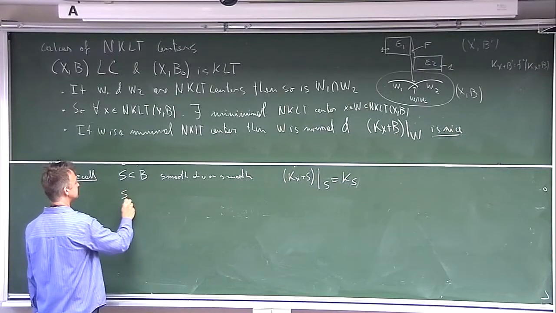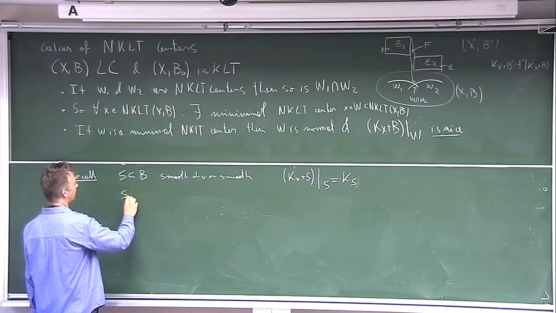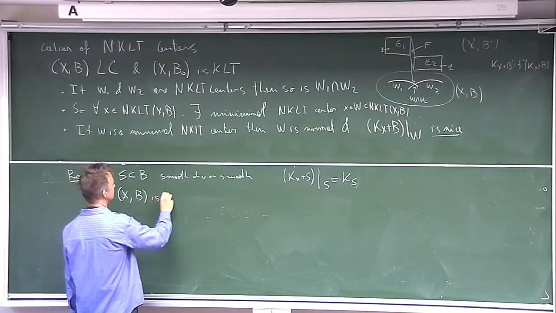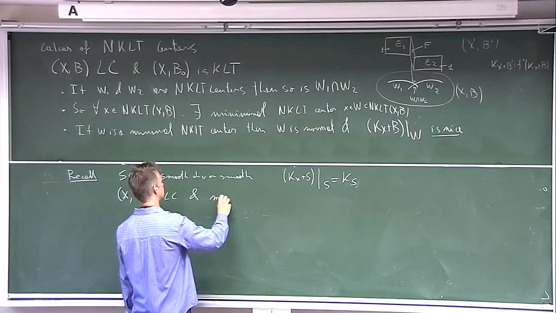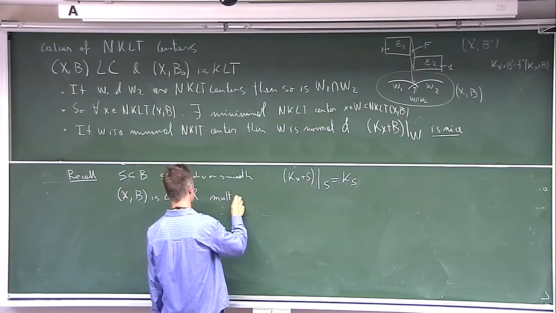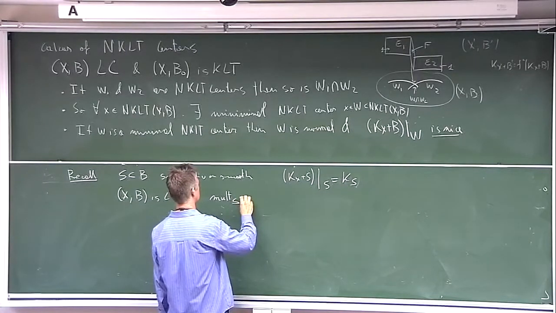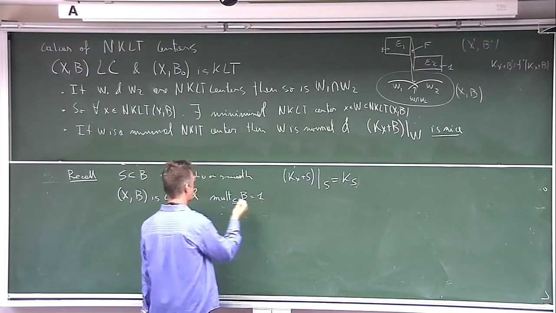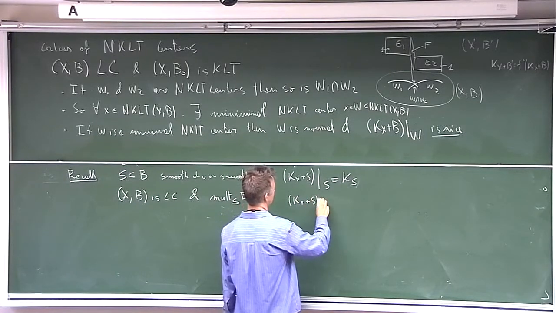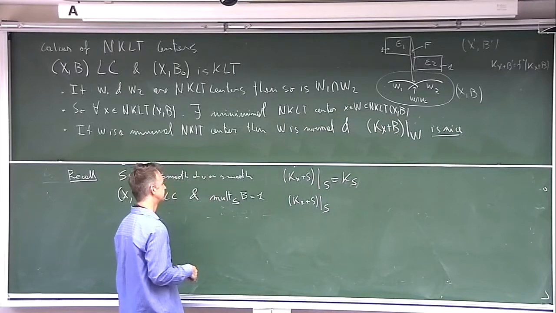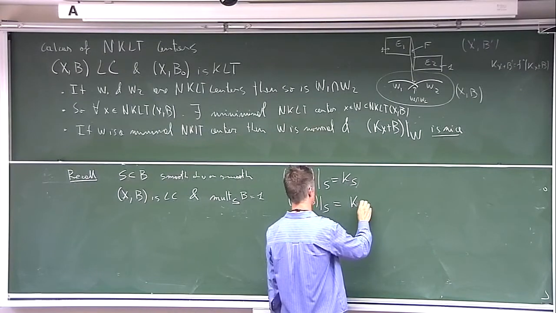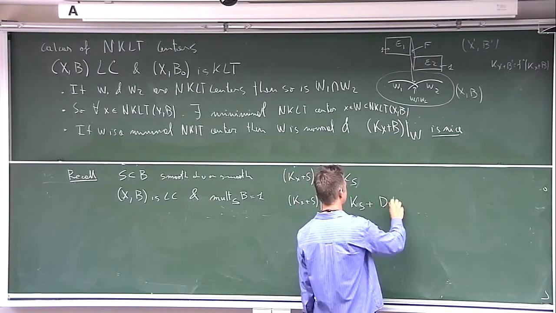Now, let's say if (X, B) is log canonical, and the multiplicity along some divisor S of B is equal to 1, so S is a component of B of coefficient 1, then (K_X + S) restricted to S is of the form K_S plus this different.